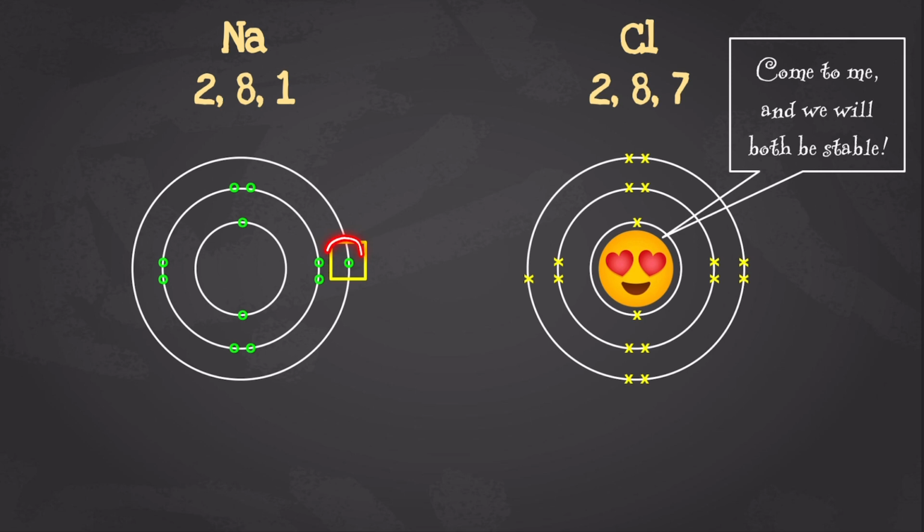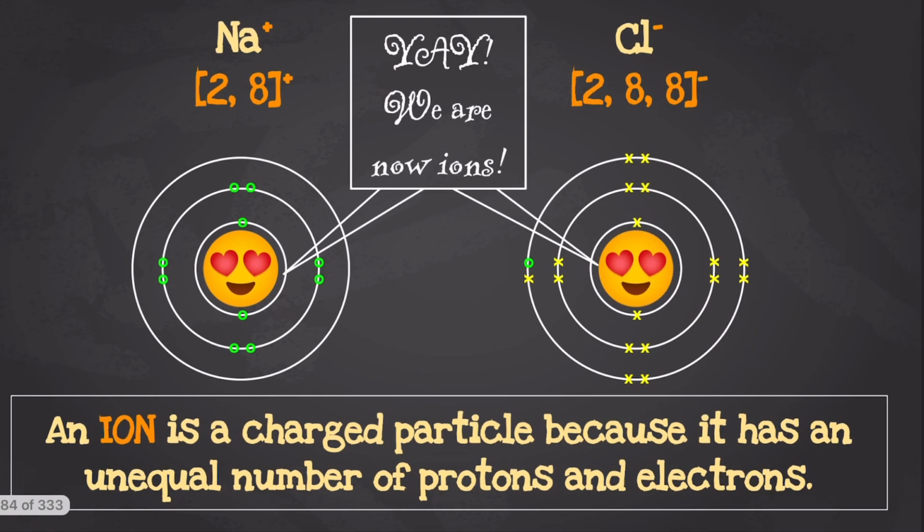The extra electron is given to chlorine. So now chlorine is happy with 8 electrons in its outer shell, and sodium is happy because now it has 8 electrons in the second shell because it got rid of that extra electron. And because of that, they are now both ions.